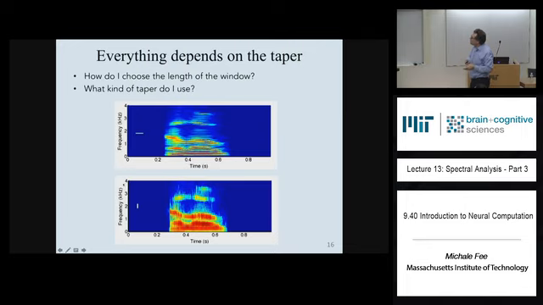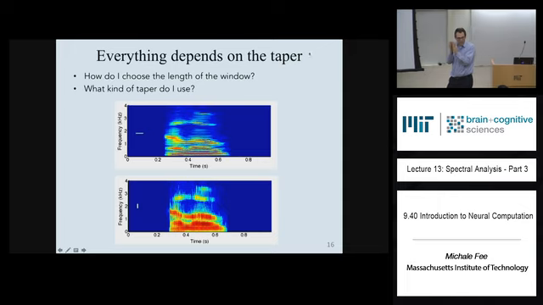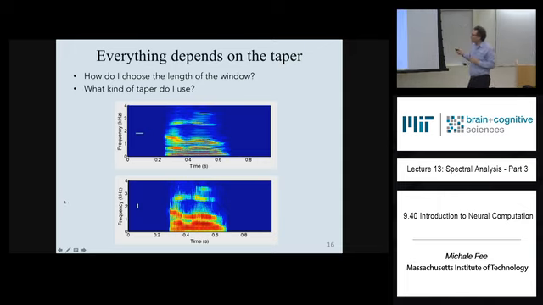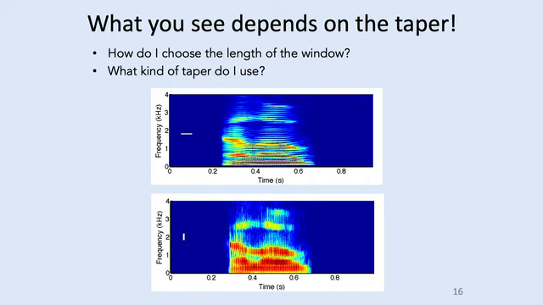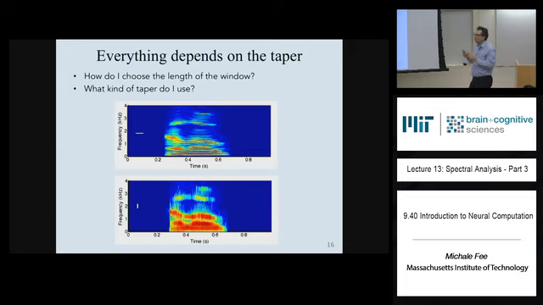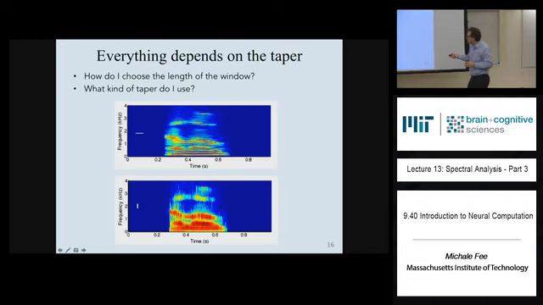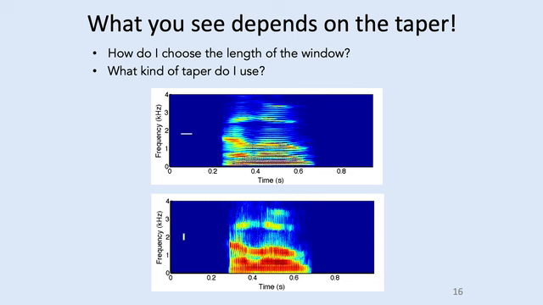But if I compute the spectrogram with windows in time that are very short, then my frequency resolution is very poor, but the temporal resolution is very high, and now you can see these vertical striations. Those vertical striations correspond to the glottal pulses, and we can basically see the spectrum of each pulse coming through the vocal tract.